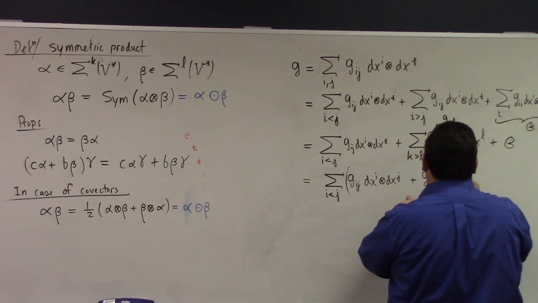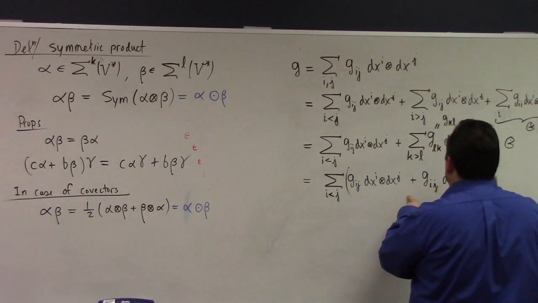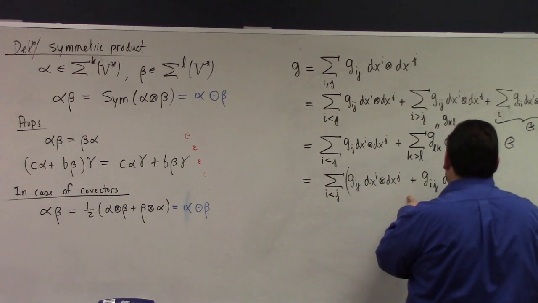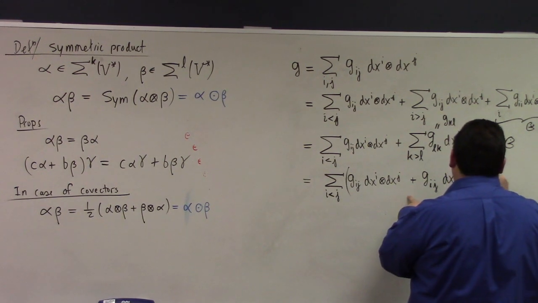So then I've got dx^j tensor dx^i, plus Pac-Man.